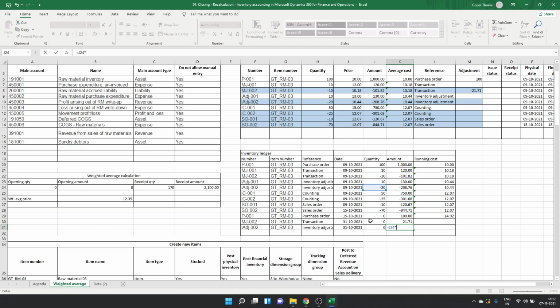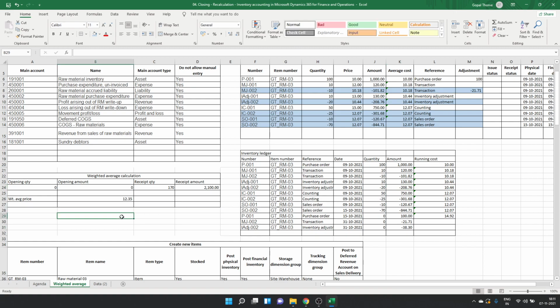Okay, so this much quantity at this rate minus the already accounted amount. If we see, this is 247.06.